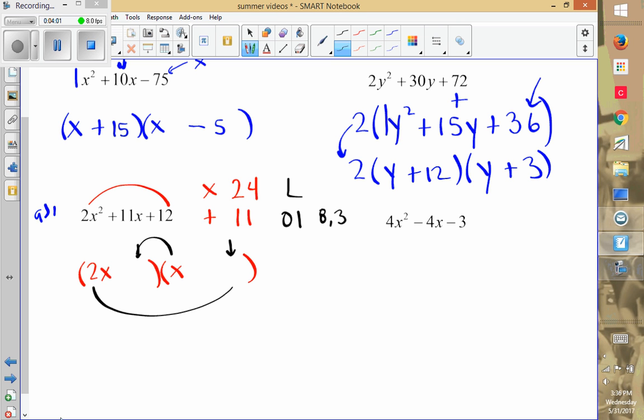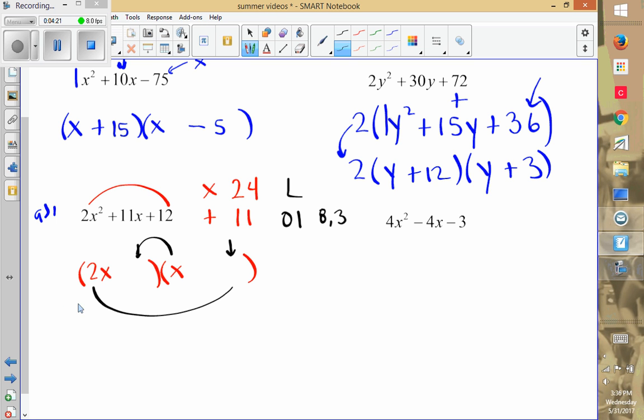Because my numbers are 8 and 3, I know that 2x is part of how I'm getting an 8. I know it can't be the 3 because there's nothing without a fraction that will multiply from 2 to get to 3.